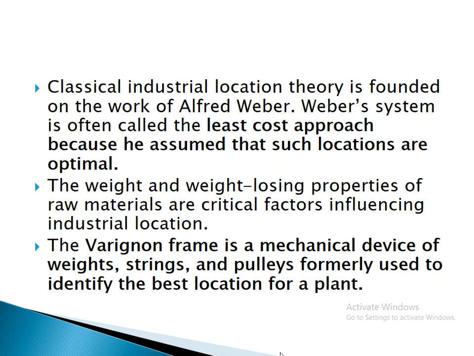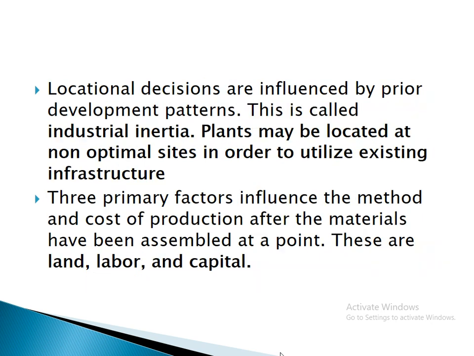The weight and weight-losing properties of raw materials are critical factors influencing industrial locations. The Varignon frame is a mechanical device of weights, strings, and pulleys formerly used to identify the best location for a particular plant. Today, high-speed computers assess the numerous variables to find the best locations.